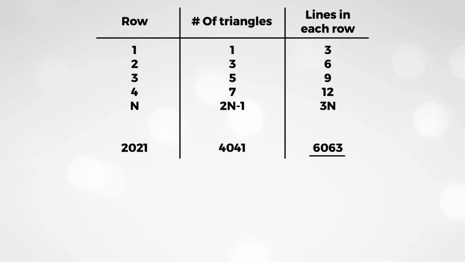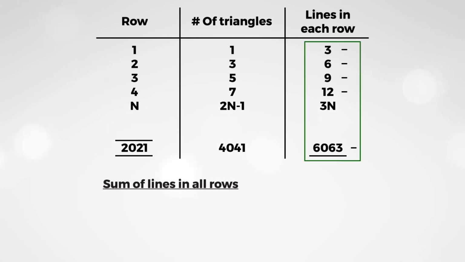Now 6063 is not the answer, because that is just the number of lines in this one row. We want the total, all of the lines for every single row up until the 2021st row. So no problem. We can just add up the numbers in this section of the table.